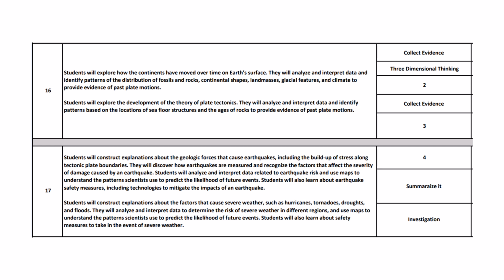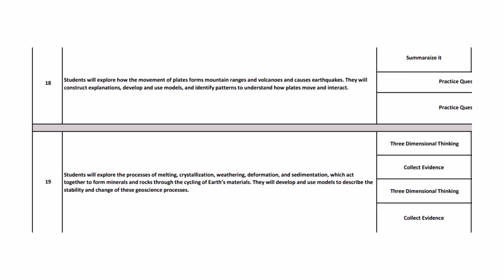That could be the kind of question that can come here. Another thing is how the scientists use the different data to figure out whether a place is going to be subject to severe weather.